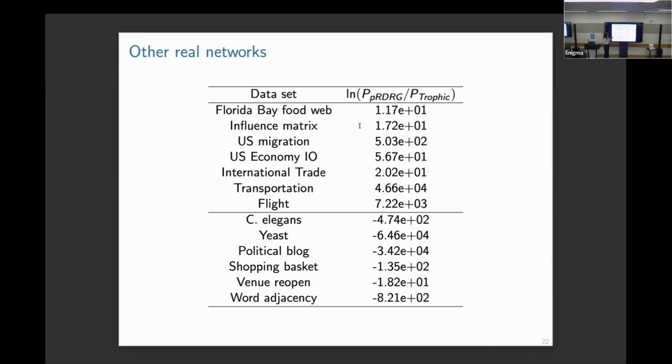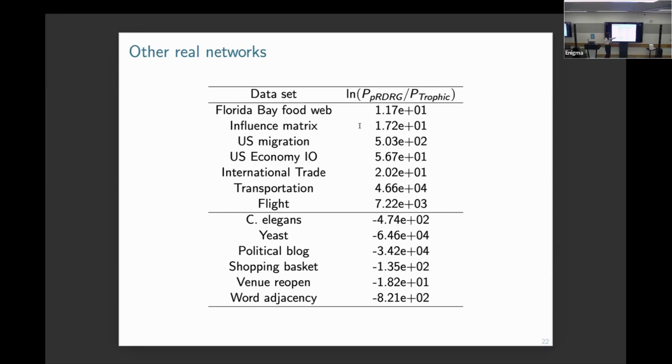And the US migration network between states, the US economy input-output between different sectors, which maps the supplier and demand relationship between different sectors. And international trade, I think US transportation, the flight network. Those are more periodic, which makes sense. For example, with flights, they need to come back somehow to the region.